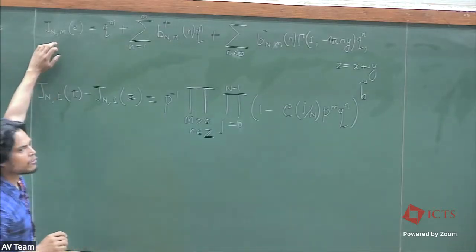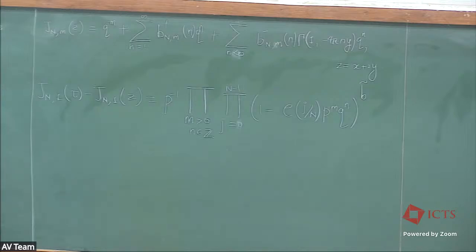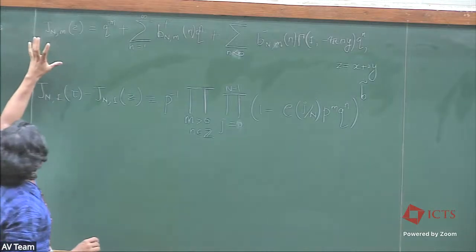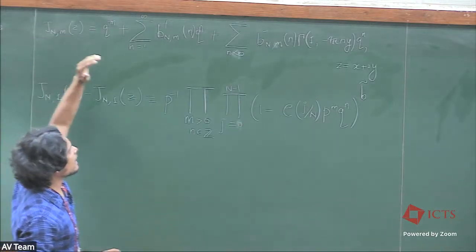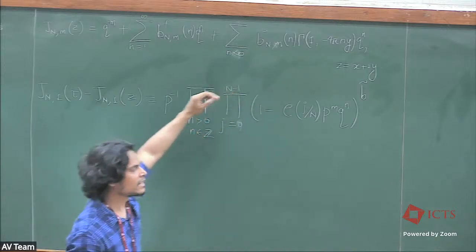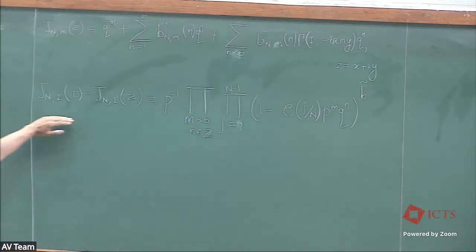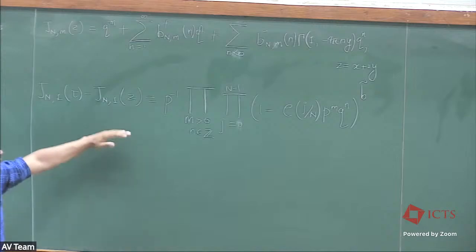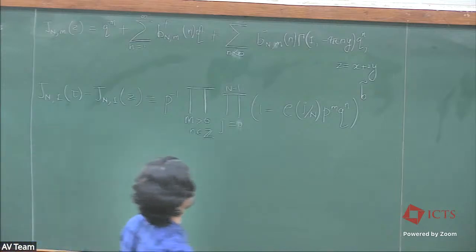I'll construct these functions. I said that we want to construct a family of modular functions for gamma naught N. Right now, I'm just assuming that I have such functions and I have this expansion. I'll construct it in a moment. Then I can prove that we have the following infinite product expansion.